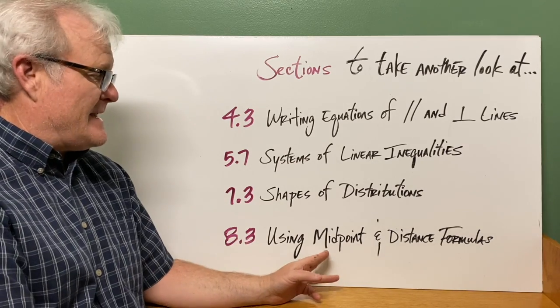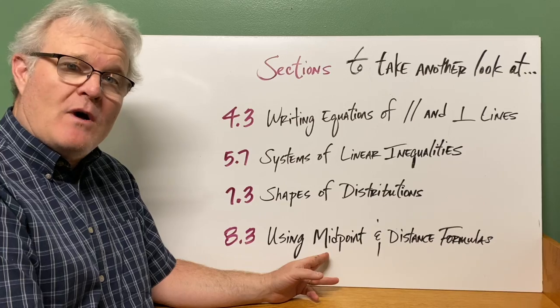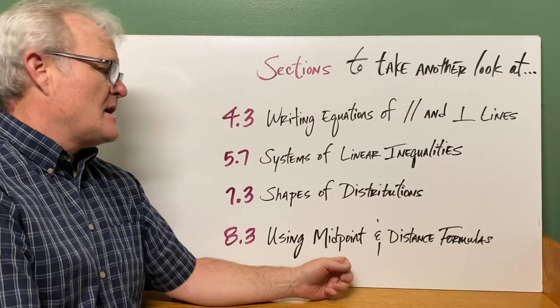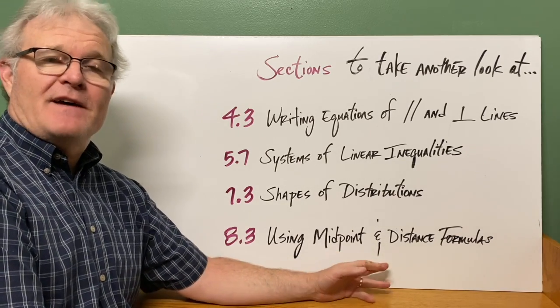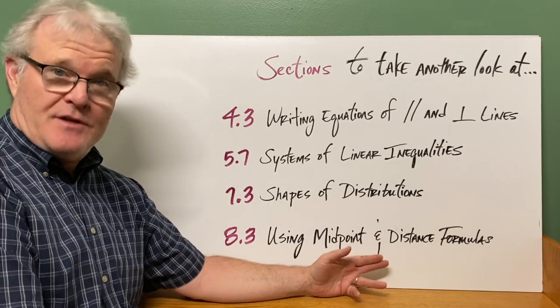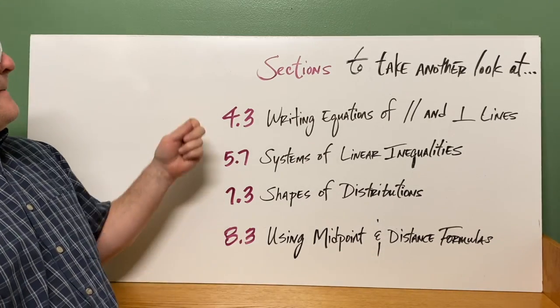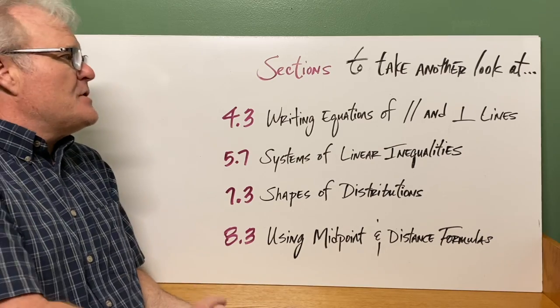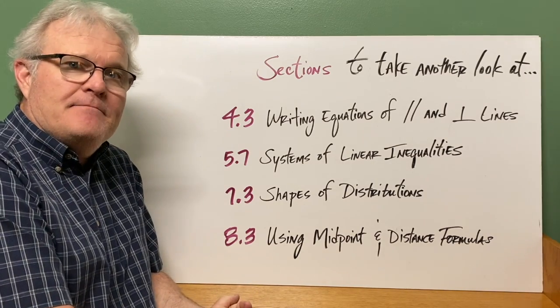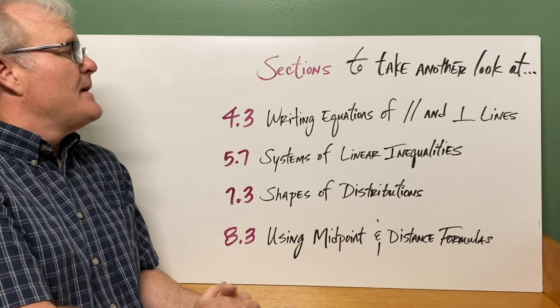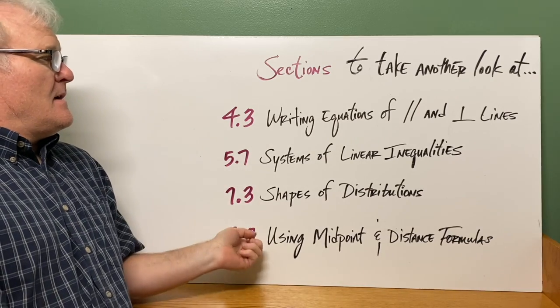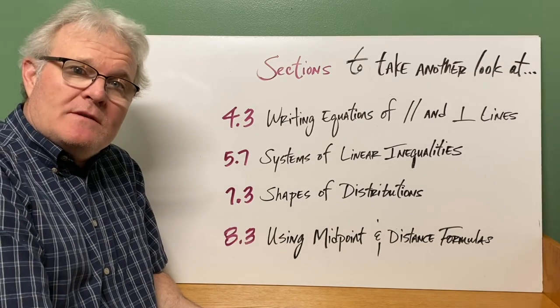Remember, that was basically the average of the x's and the average of the y's. There were different formulas for those, and we used them to find different things such as perimeter. These 4 are just sections that you could take a look at, and I think those were pretty key ones.